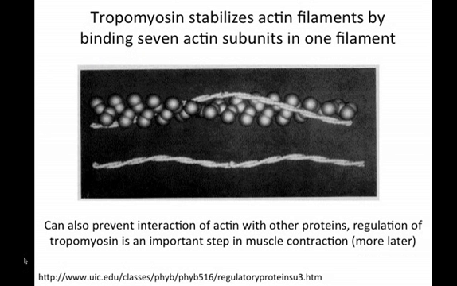Okay. Tropomyosin stabilizes actin. What it does is it binds 7 actin subunits in one filament. So it's a long protein, and it binds 7 at a time. That kind of makes sense why it would stabilize, right? Because it's acting as a support to hold, like a splint, holding the actin together. So I'm going to add this over here.